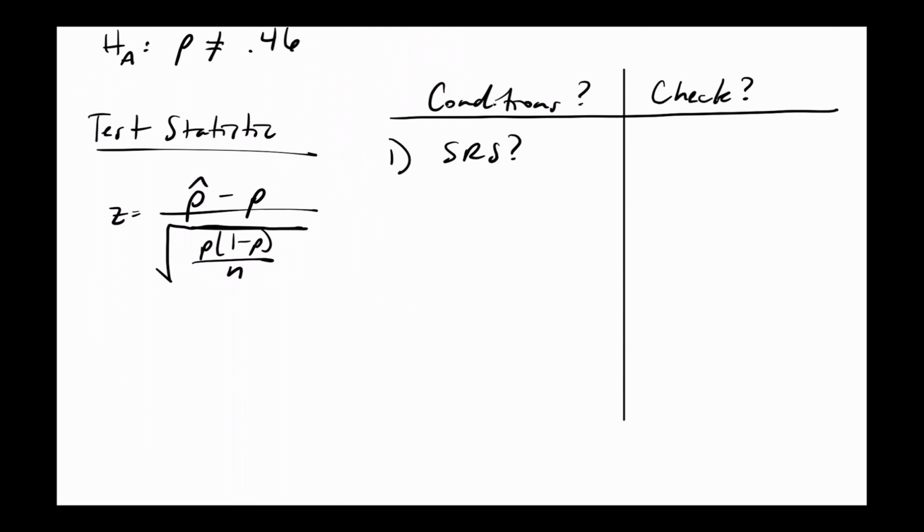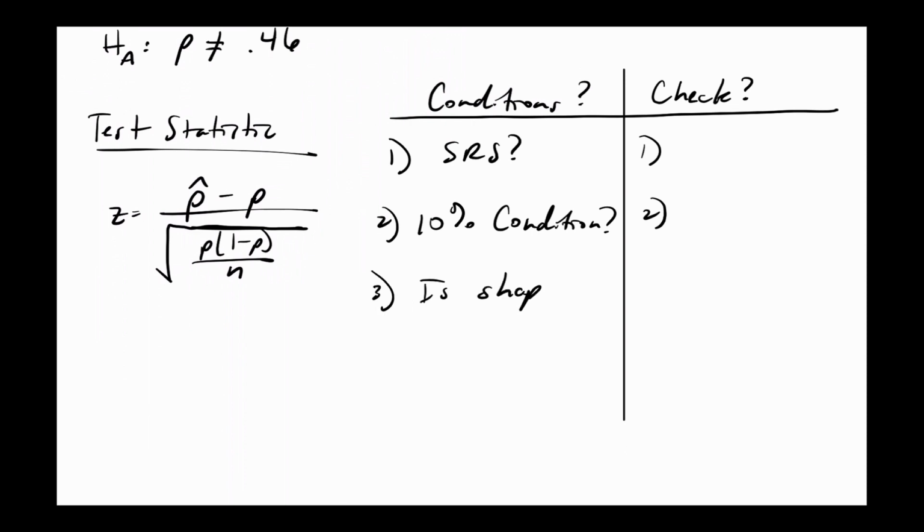SRS or random sample. 10% condition. For the third one, which is finding the shape is normal, do we use the same one as for proportions? Proportions is always going to have the same 3. Okay, yeah.